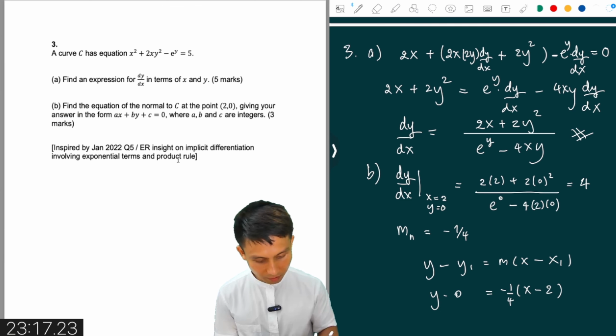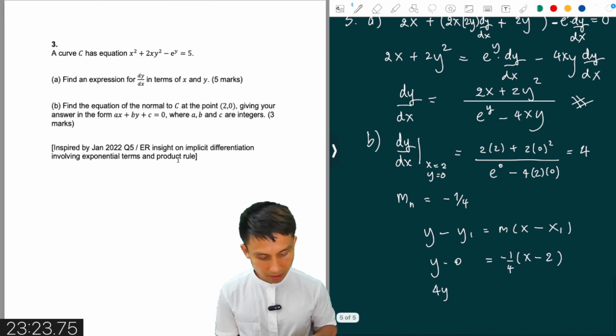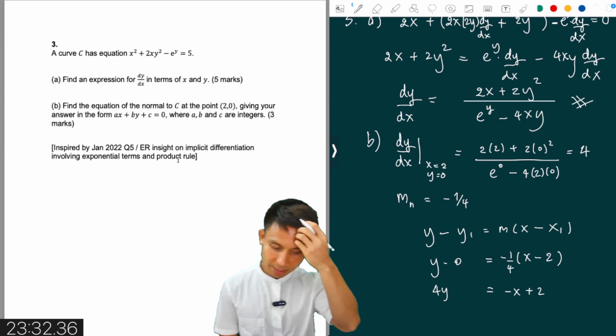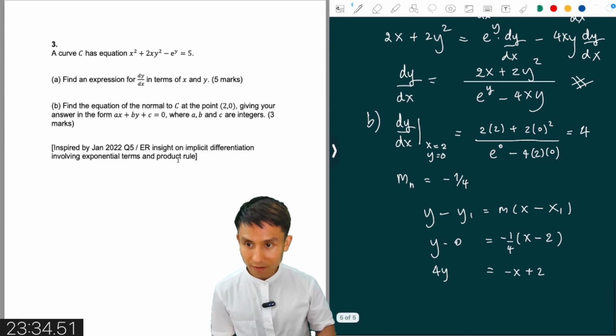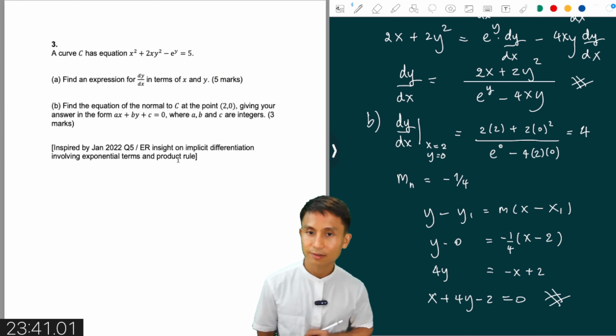So we're going to multiply by 4 across. We have 4y here, and on the other side we have minus x plus 2 because the 4 disappears now. So we have x plus 4y minus 2 equals 0. So that's the answer there.